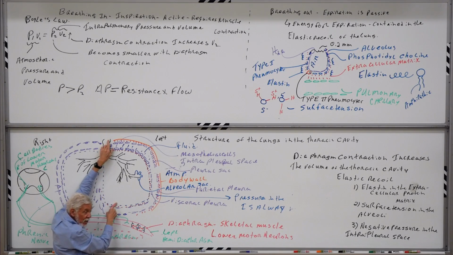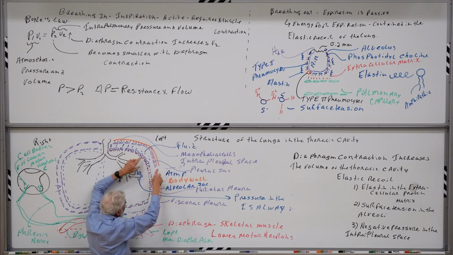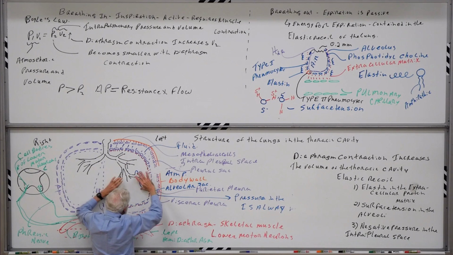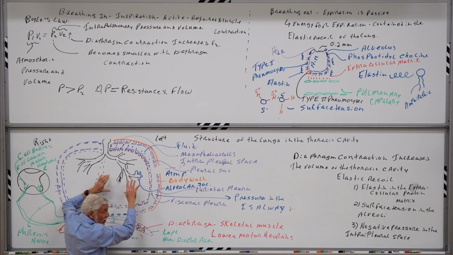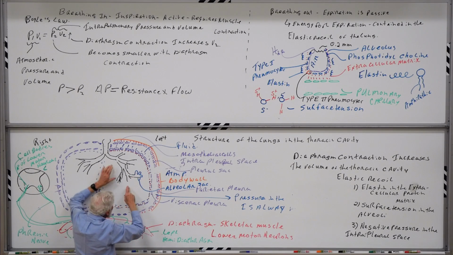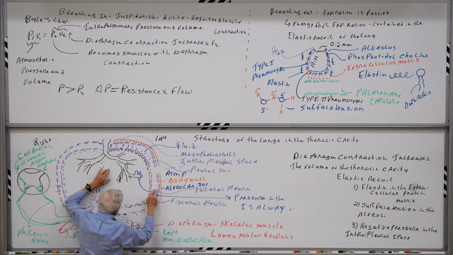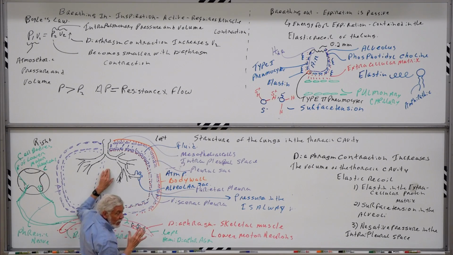But this so-called collapsed lung occurs because of the problem of the elasticity, which is essential for us to breathe out. Expiration requires that elasticity, but that elasticity now becomes your enemy, because you no longer have this negative pressure inside the pleural sac holding it out.